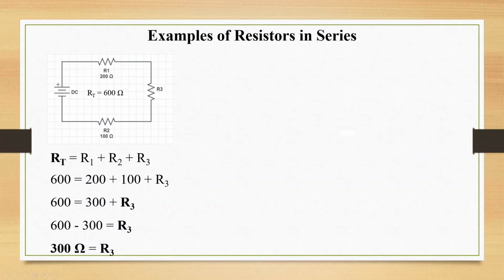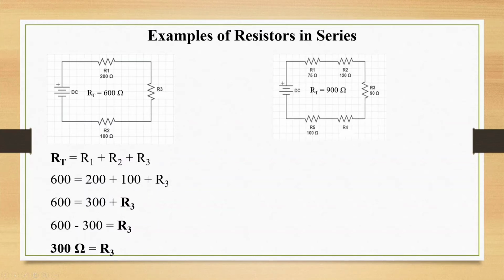Let's have another example. Suppose the total resistance is 900 and the unknown is R4, the resistance of resistor 4. Same procedure. We have the formula: total resistance is equal to R1 plus R2 plus R3 plus R4 plus R5.